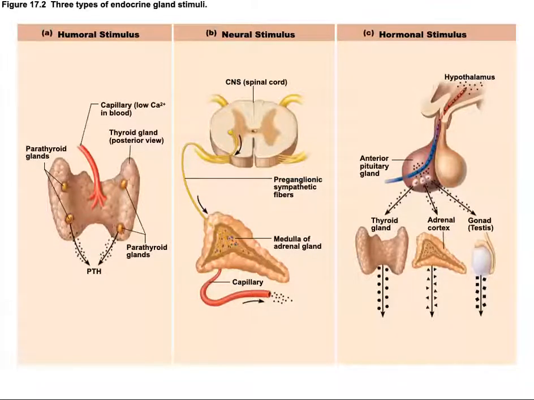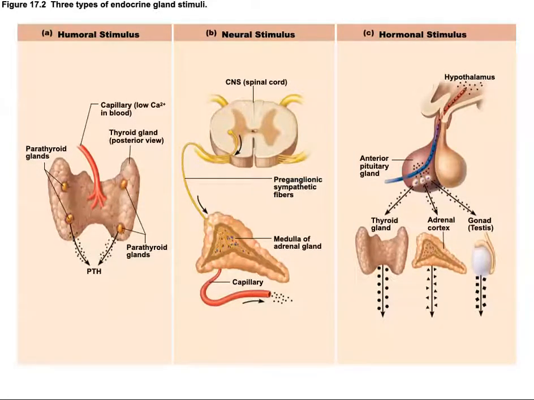So there are three types of endocrine gland stimuli. In other words, there are three types of stimuli that can trigger the release of hormones. The first of which is humoral stimulus. Humoral stimulus refers to the control of hormone release in response to changes in extracellular fluid, such as a change in the level of nutrient or ion concentration in the blood.